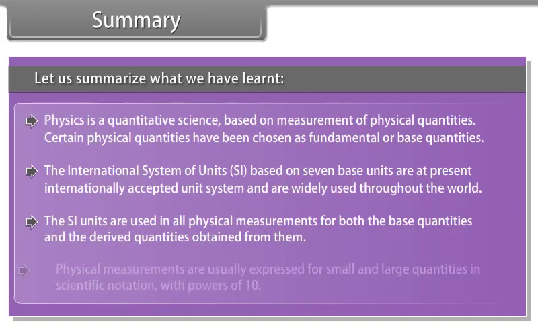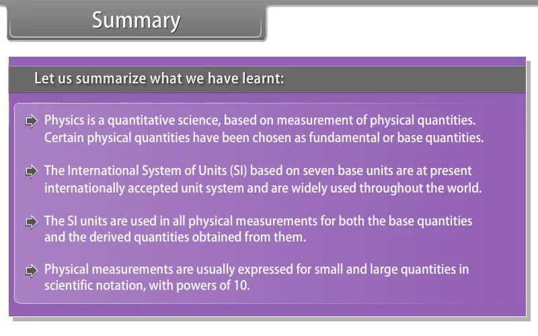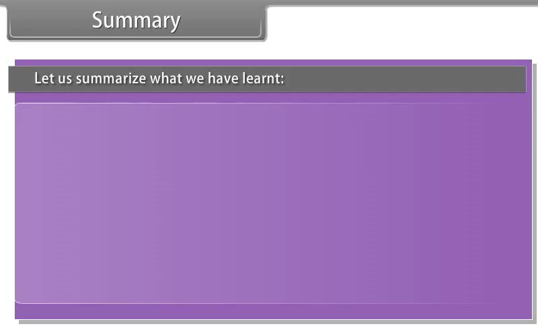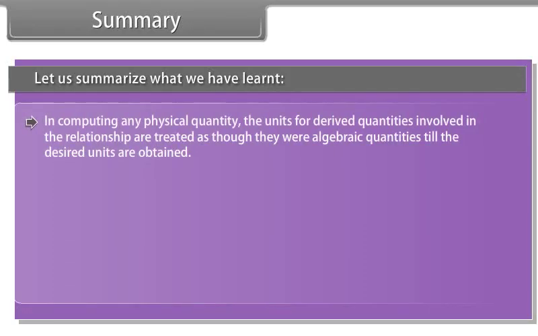Physical measurements are usually expressed for small and large quantities in scientific notation with powers of 10. In computing any physical quantity, the units for derived quantities involved in the relationship are treated as though they were algebraic quantities till the desired units are obtained.